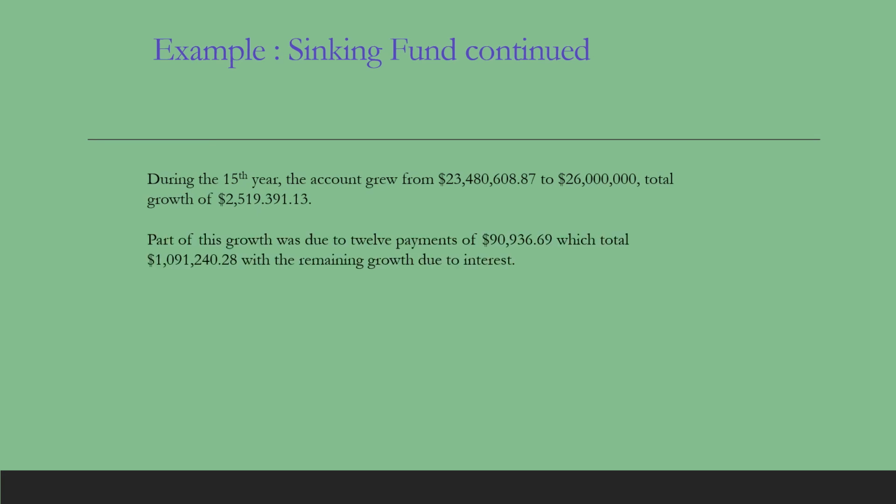Part of this growth was due to the 12 payments, and the 90,936, the total of this huge amount, the remaining growth is due to interest. So the interest earned for 15 years is this huge amount.